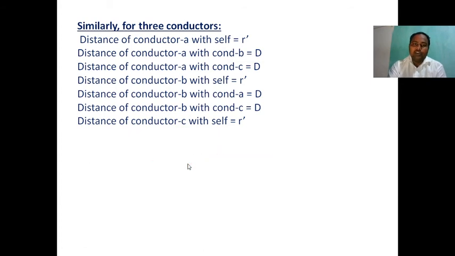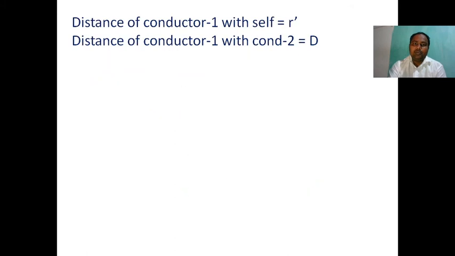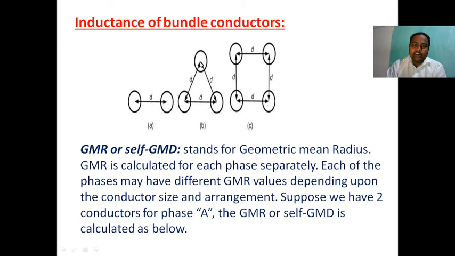Please refer to the diagram. Three conductors: conductor A, conductor B, conductor C. In between there is a distance D. If we consider this conductor, what are the possible combinations? The conductor has its own self, which is R dash.